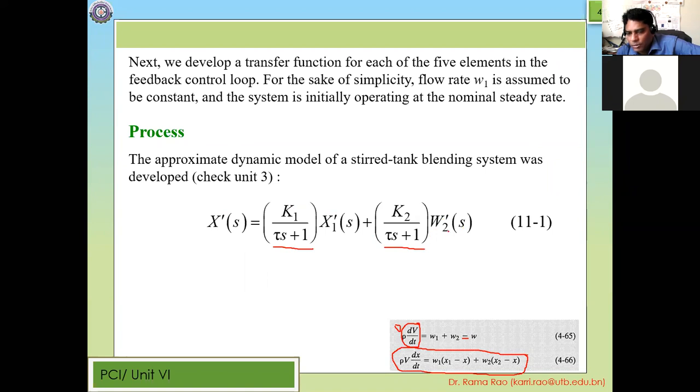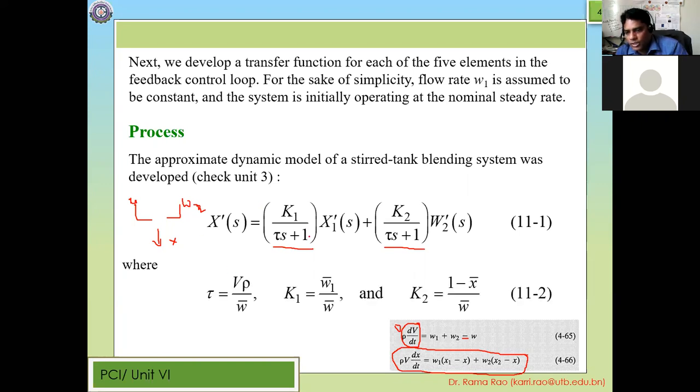You can write in terms of W2 or in terms of X2 also, because we have two streams, stream 1 and stream 2, affecting stream 3, which is your X.